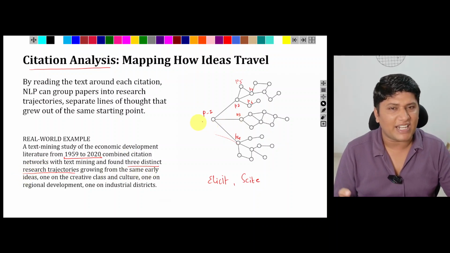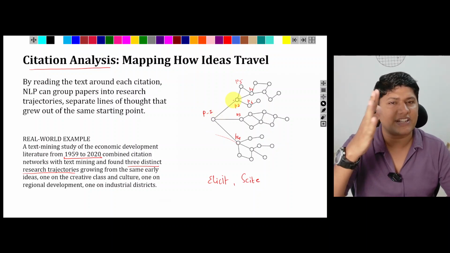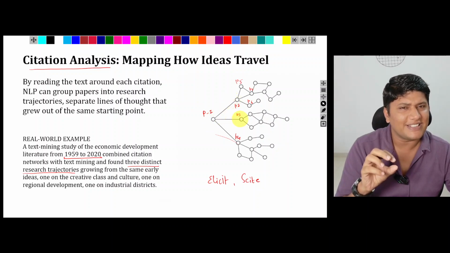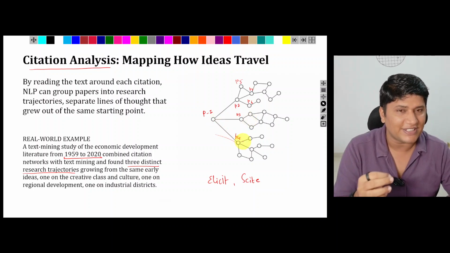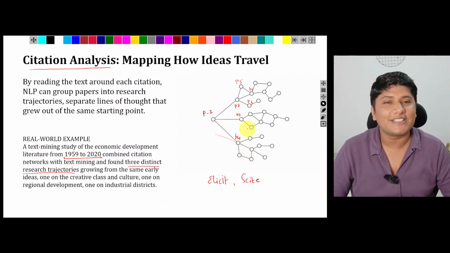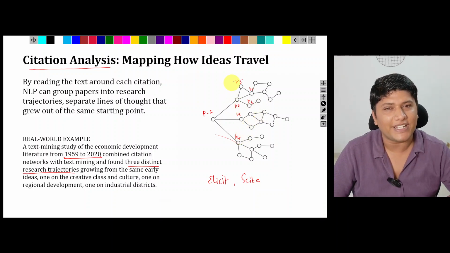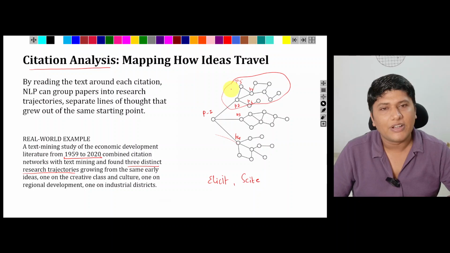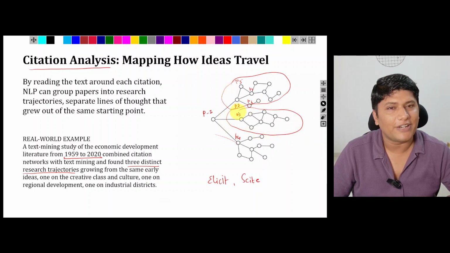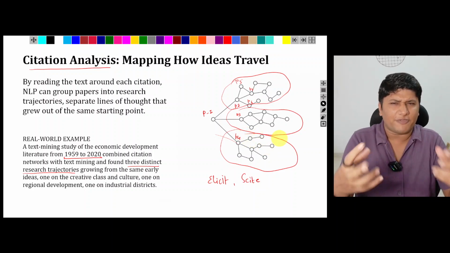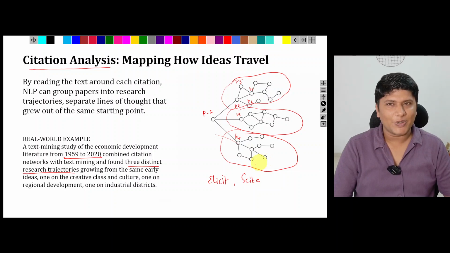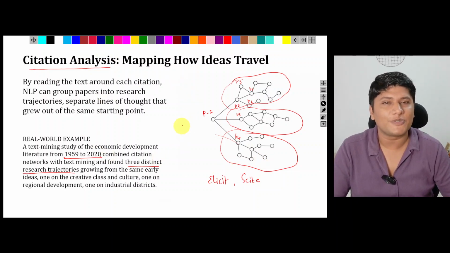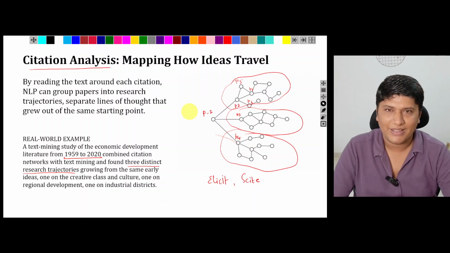Okay, like people started with the same idea, but there was one research trajectory doing something, another research trajectory doing something else, and another doing something else. And this is a very wonderful idea to see that one entire field was developed here, one entire field was developed here, and one entire field of research was developed here. And it is very wonderful to see it visually. Okay, so this is how NLP tools are used in citation mapping also.